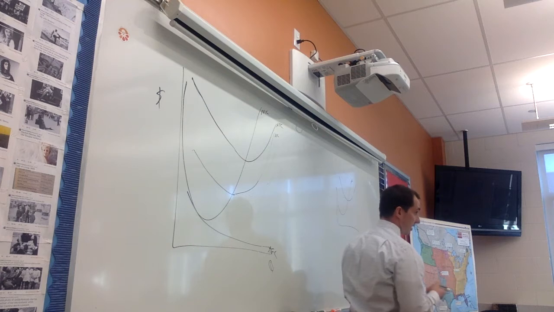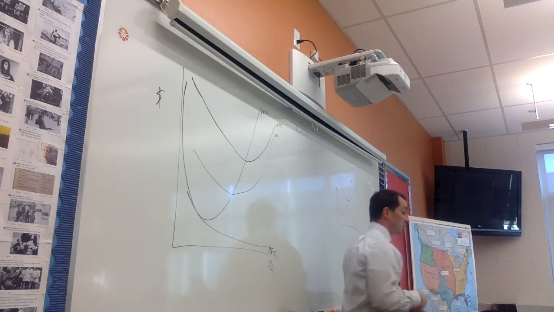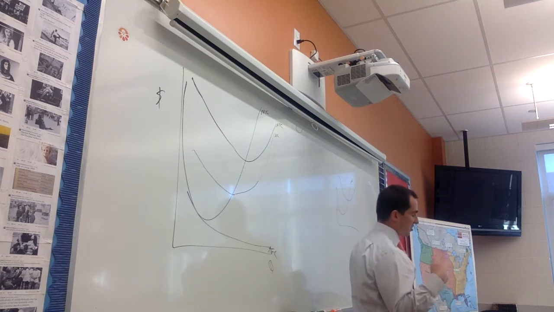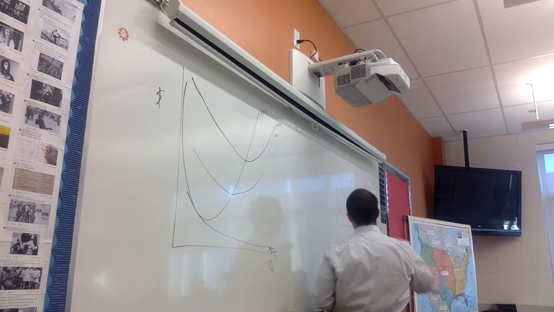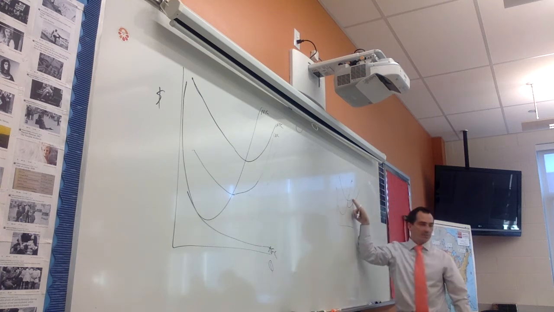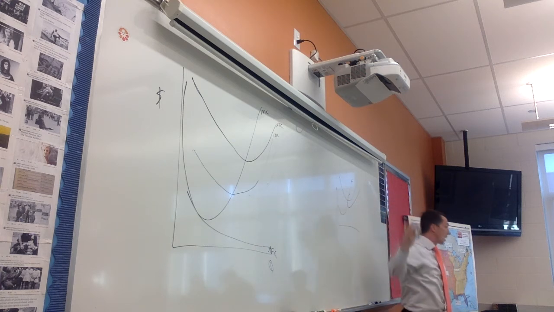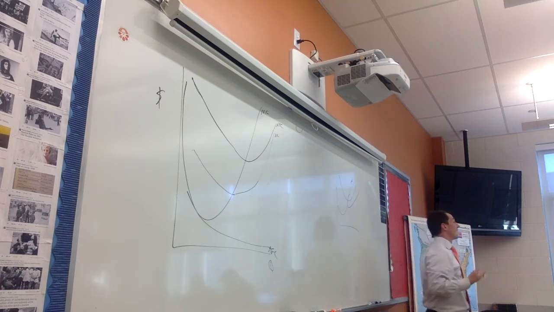Another explanation is because of decreasing or diminishing marginal returns. Why does average cost end up going up? Because the variable cost of trying to make one more gets really hard.